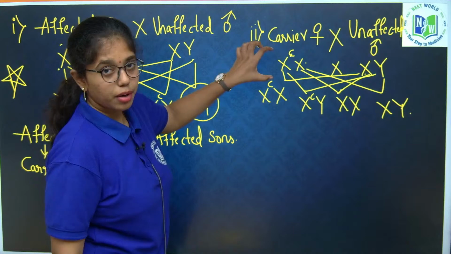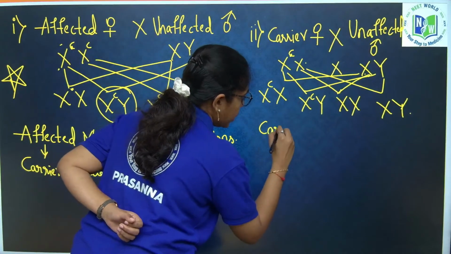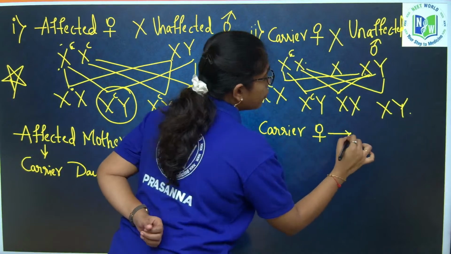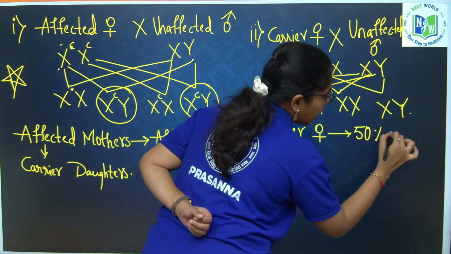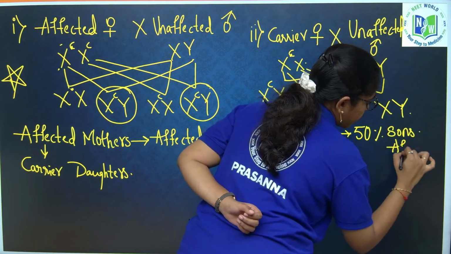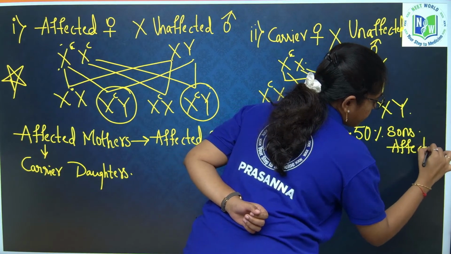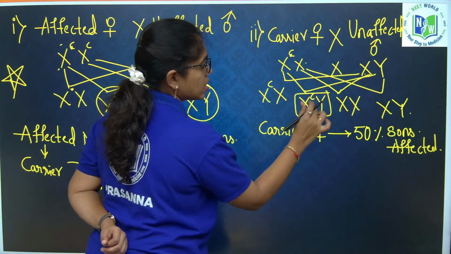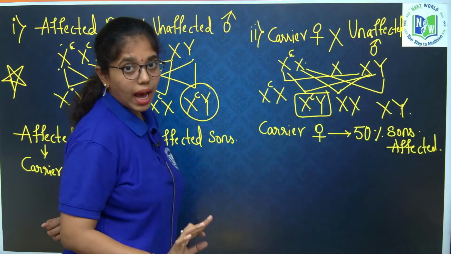From carrier mother, 50% of the sons are affected and 50% are unaffected.